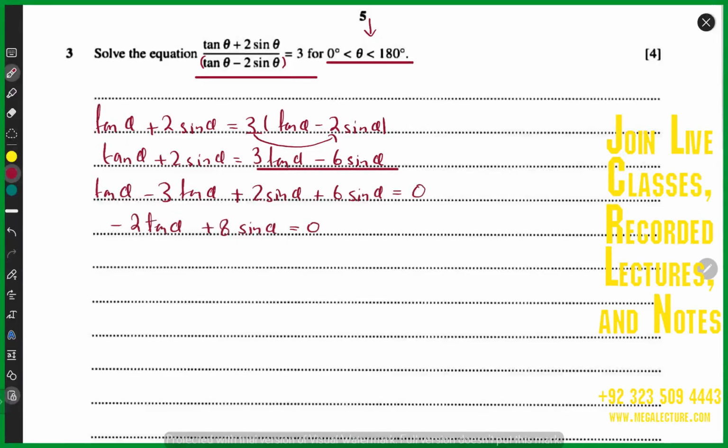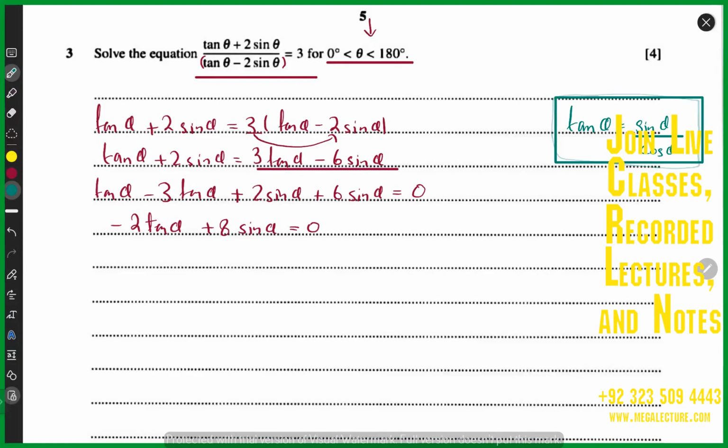Okay. Now, at this point, I need to think about this thing, that tan theta is basically equal to sine theta over cos theta, right? This is something that we know already through O levels.